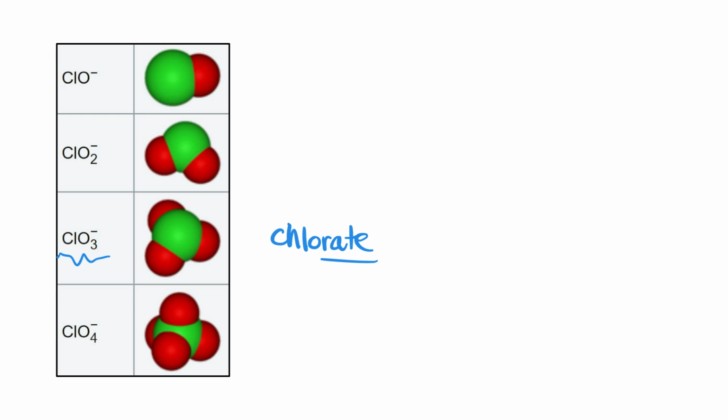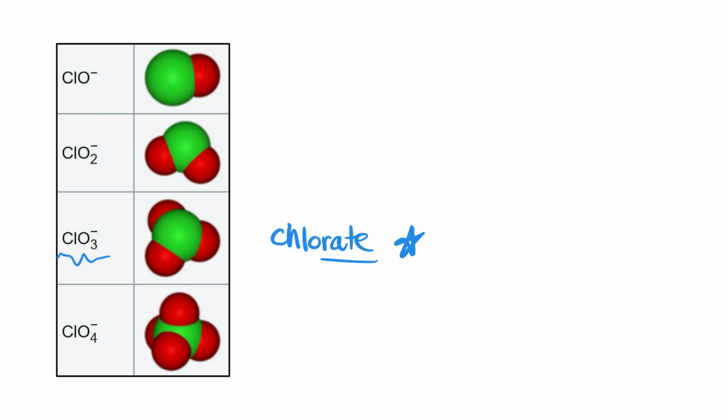Now, if you don't remember what the polyatomic ions are, I do have a separate video on that. I will link that in the description below. You can go check it out. From there, you can base all of your names on the ate ion.